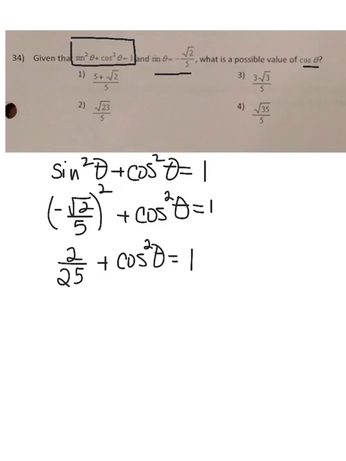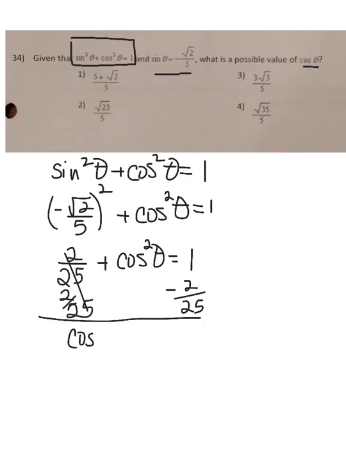equals 1. I'm going to just subtract that 2 over 25 over. Now you can do this in your calculator, or you can find yourself a common denominator and subtract there. That's up to you. But I would keep it in fraction form if I were you. So when I do that and I subtract, I'm going to end up with 23 over 25.